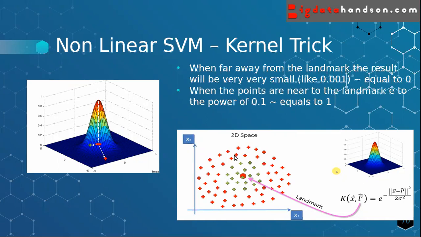Using the RBF kernel, if the point is too far from the landmark, the result will be very small, like 0.001, which is equal to 0 actually. And if the point is near to the landmark, it becomes 1.